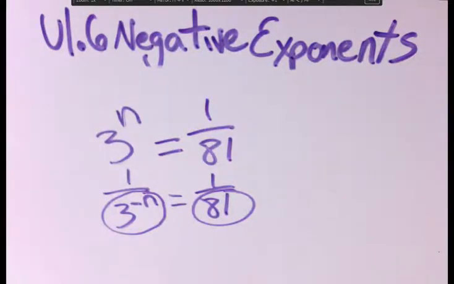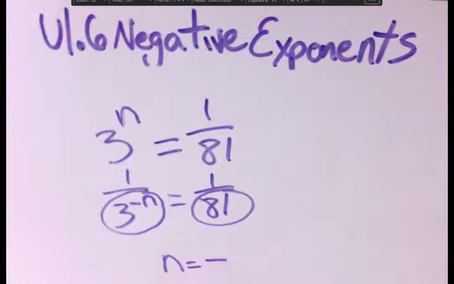But 81 is a positive number, so what we would have to look at is that most likely n is going to be some sort of negative number, so those negatives are going to cancel out. So I can think of 3 to what power is going to give me 81.